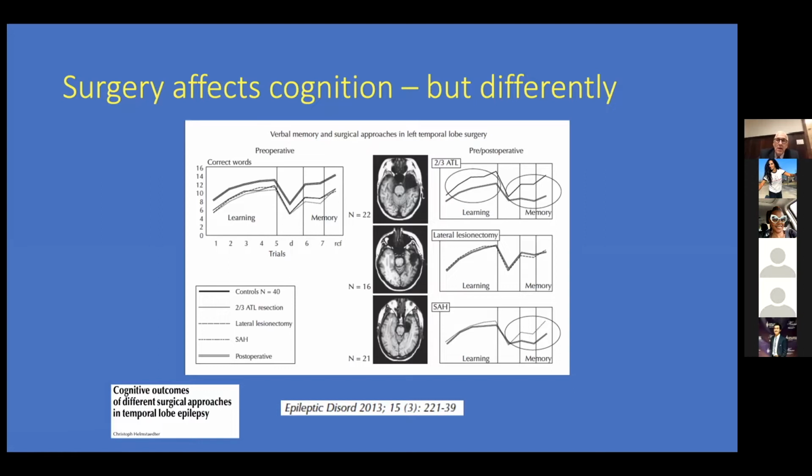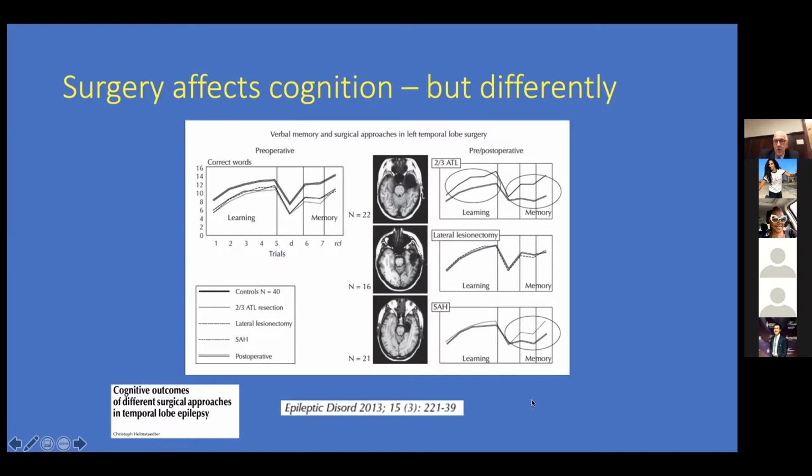If you just have a lesion laterally, you can do what's called a lateral lesionectomy, leave the mesial parts alone, and you won't have any deficit, neither in learning nor in memory, compared to healthy controls. If, and that was our hope in the past, you just take out selectively the parts close to the midline, you still will have a memory deficit.